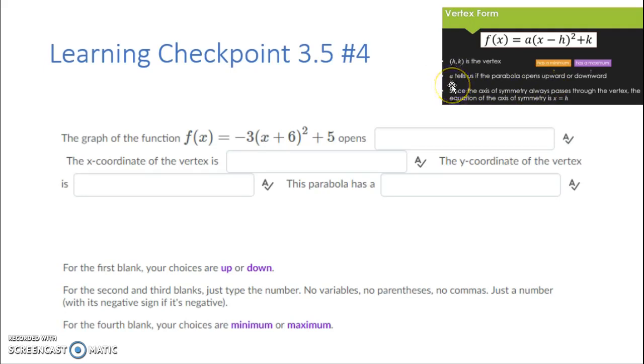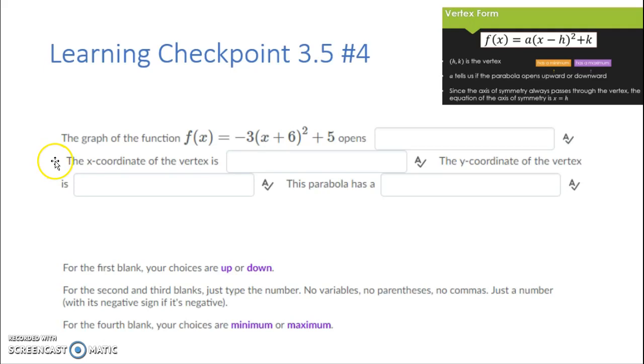When this a value is negative, it opens down. So a is the number up in front of the parentheses. Our a is -3. So figure out if that would open the graph up or if that would open the graph down. And you'll type either up or down into this first blank.